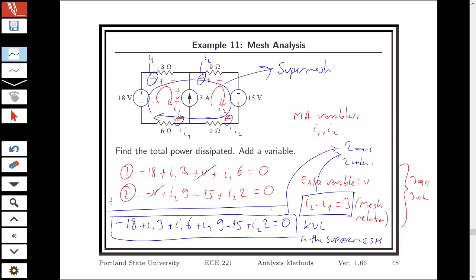Now let's repeat what a supermesh is. A supermesh appears when there is a common current source between two meshes. So this is a current source, and it's in common between these two meshes. So these two meshes together is a supermesh. Now we shall add this supermesh condition to our mesh analysis.